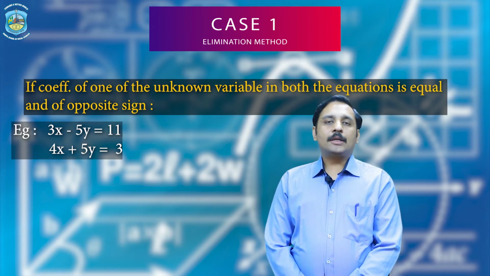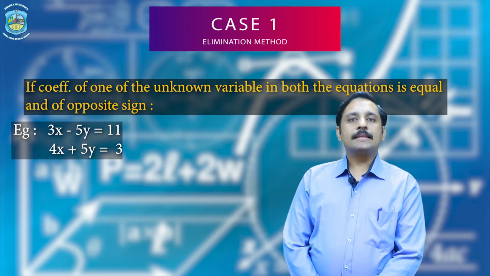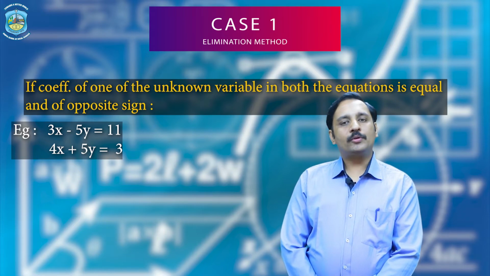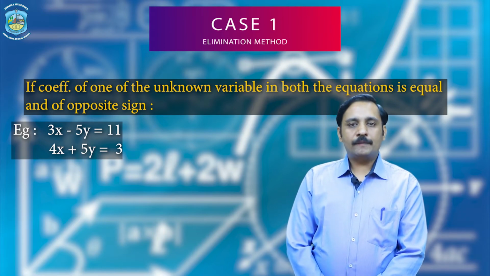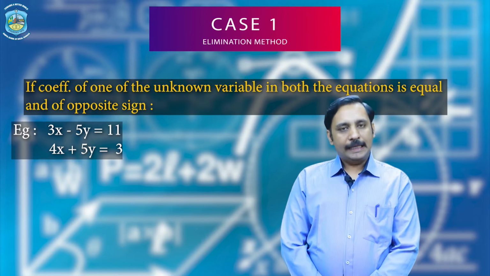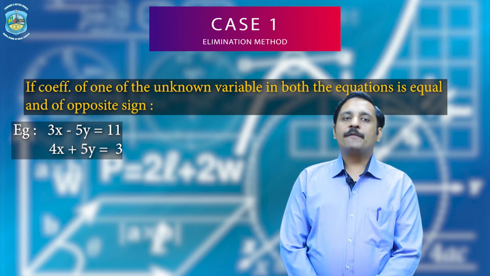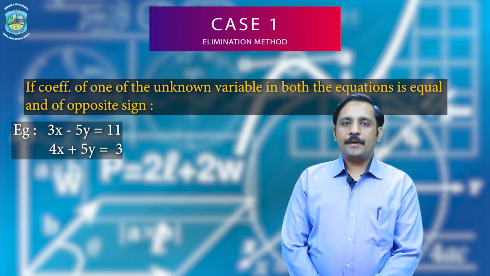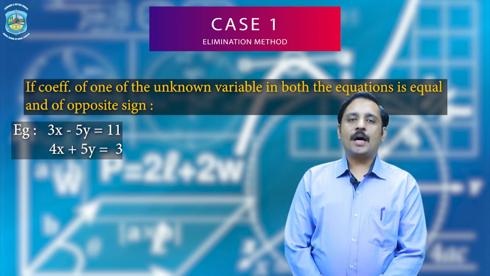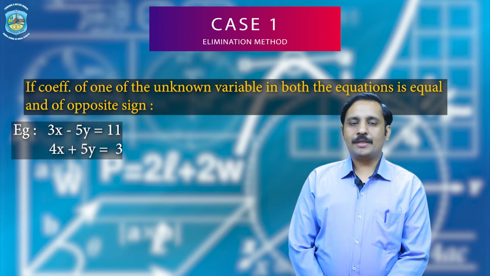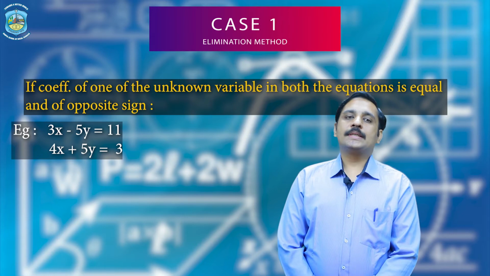Here, the coefficient of y is 5, which is common in both the equations, but the sign of this coefficient is different. In this way, we identify the first case, that is, the coefficient of one of the unknown variables in both equations is equal and of opposite sign.